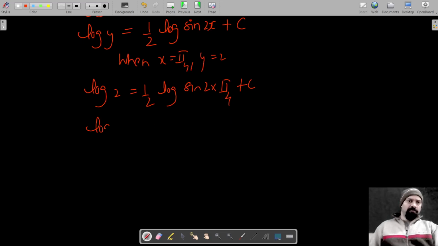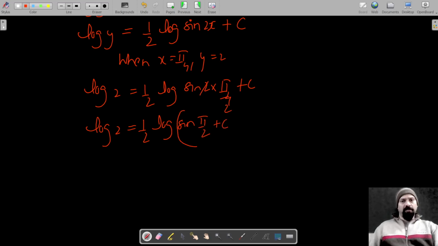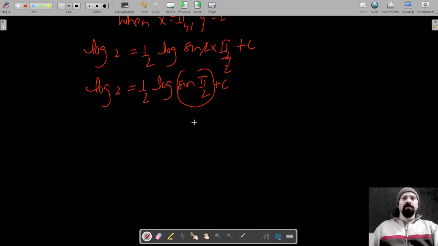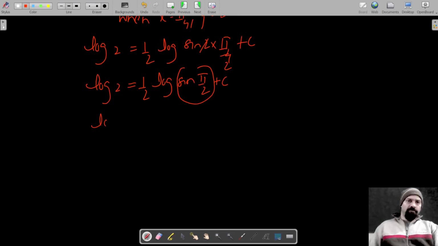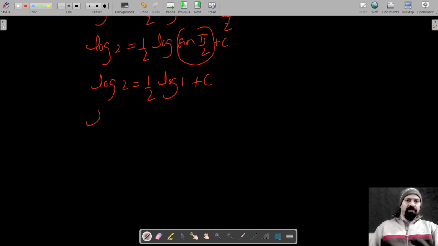So log 2 is equal to half log sine of pi by 2 plus c. Now sine 90 is 1. So this becomes log 2 is equal to half log 1 plus c.